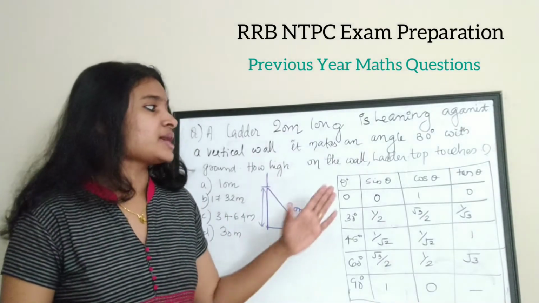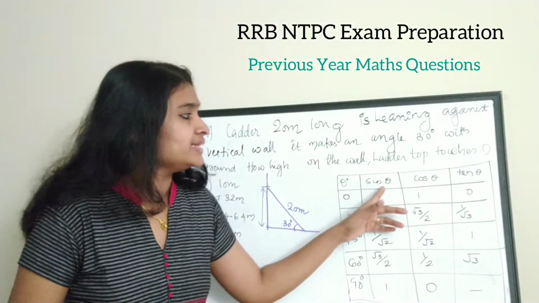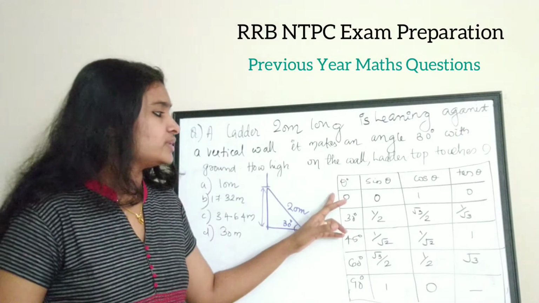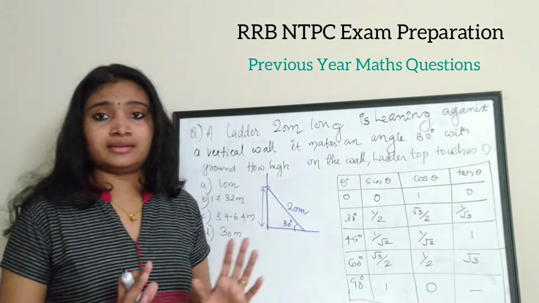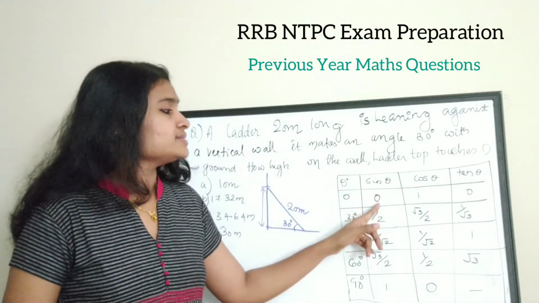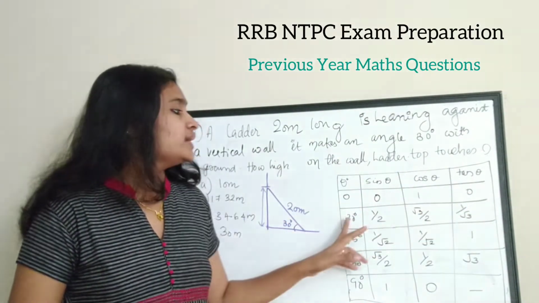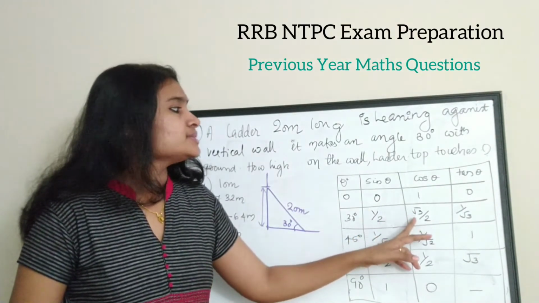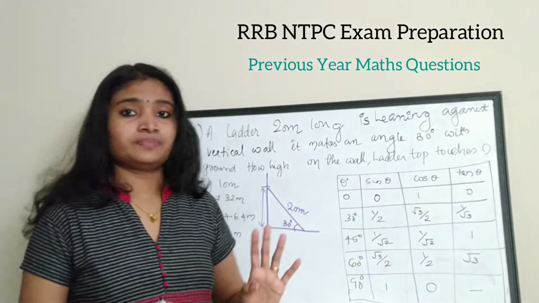So for that purpose, I have drawn a table here which consists of sine theta, cos theta and tan theta of certain angles, which are 0 degree, 30 degree, 45 degree, 60 degree and 90 degree. So for 0 degree, sine 0 is 0, cos 0 is 1, tan 0 is 0. Again, for 30 degree, sine 30 is half, cos 30 is root 3 by 2 and tan 30 is 1 by root 3.